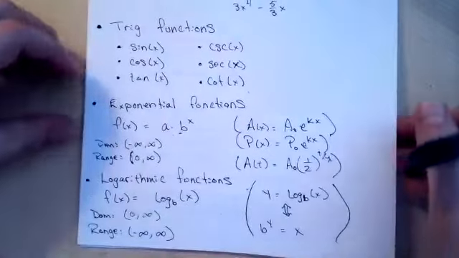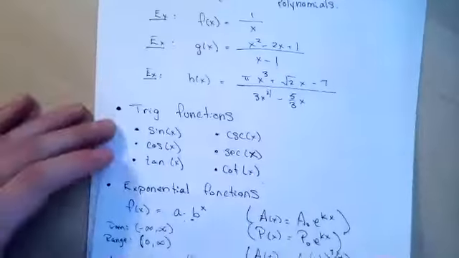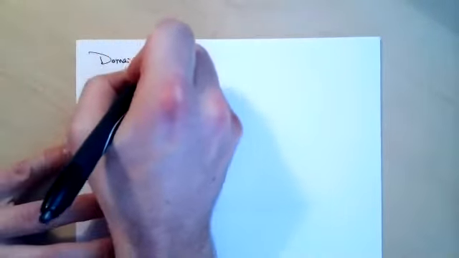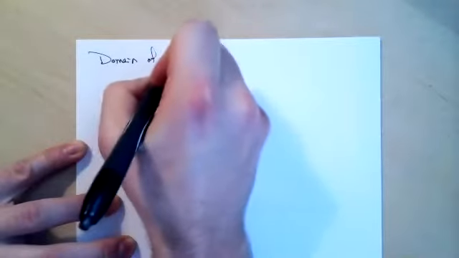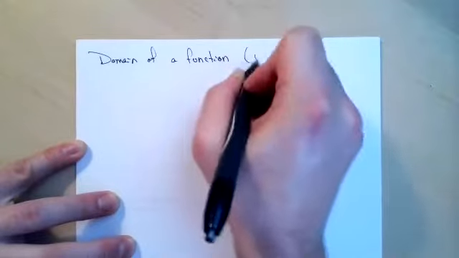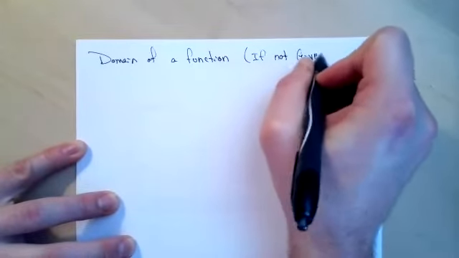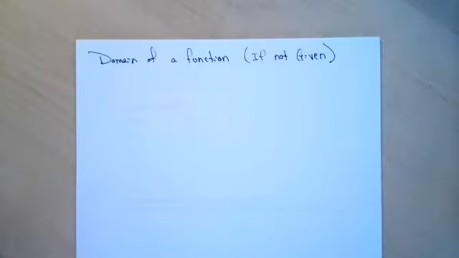So just a word on that in terms of finding the domains. We didn't do any examples. We haven't had time for it. The domain of a function in general for this class, if not given: if we give you a specific domain, it's going to restrict that function only over that specific set of x values, a specific set of inputs.